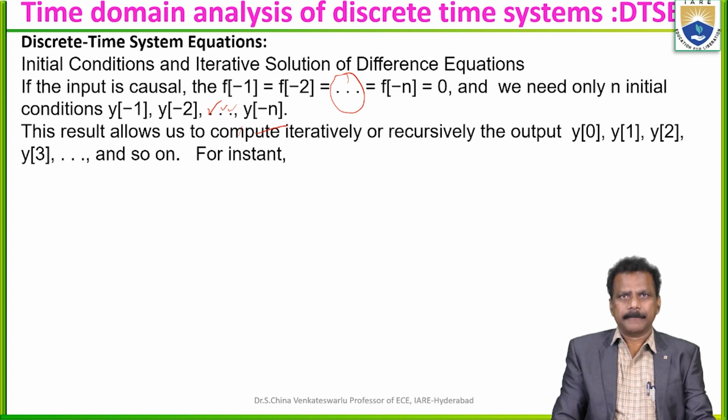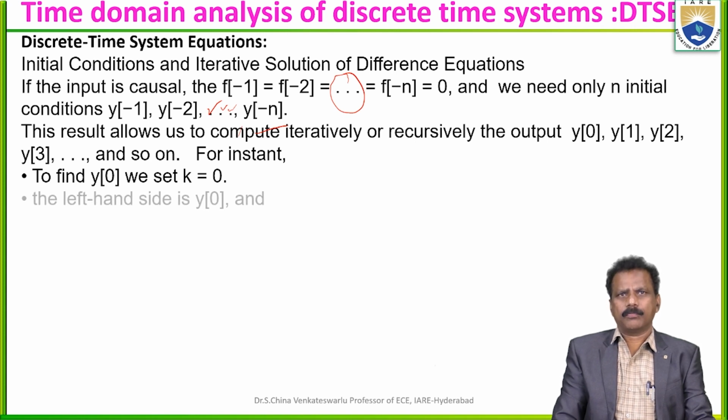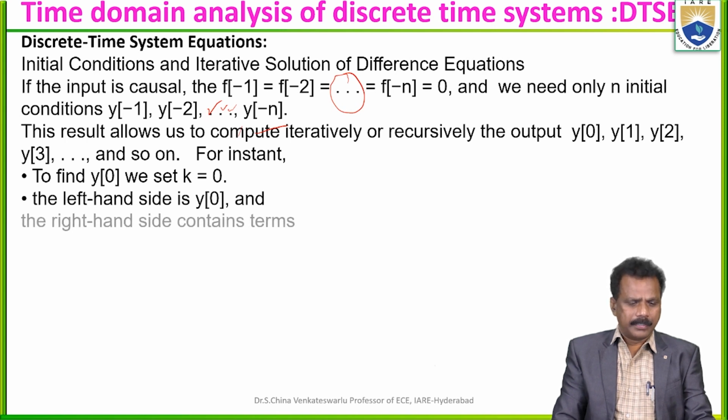For instance, to find y of 0, we set k equal to 0. The left hand side is y of 0, and the right hand side contains terms as per the previous general causal term where small m is equal to small n.